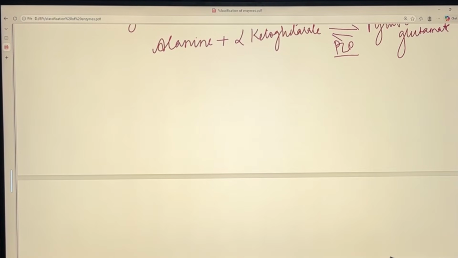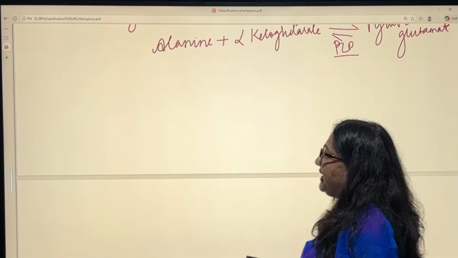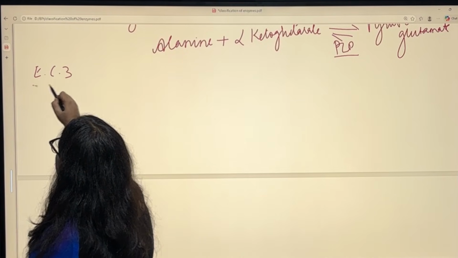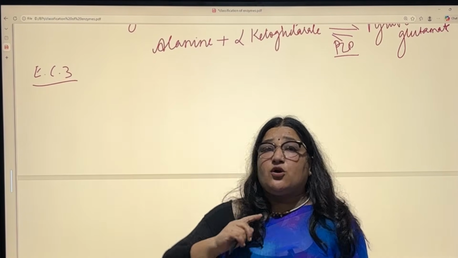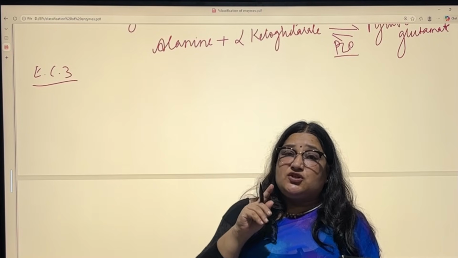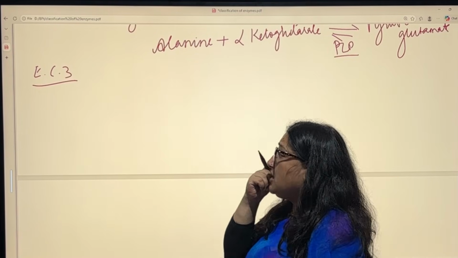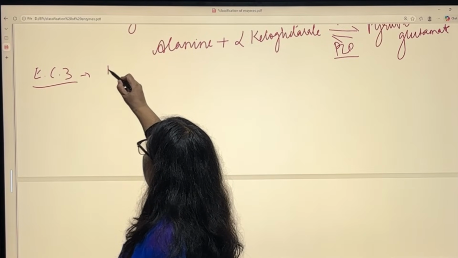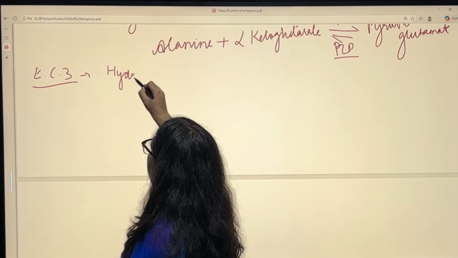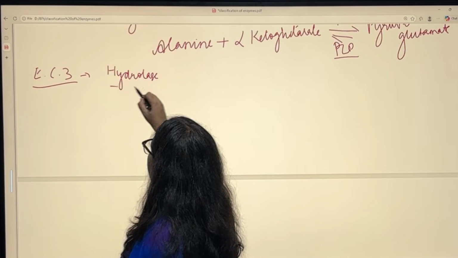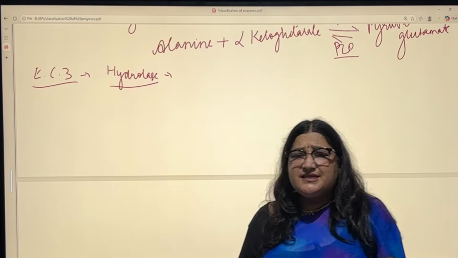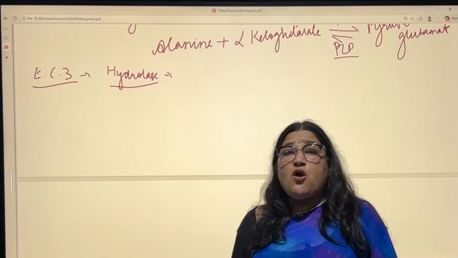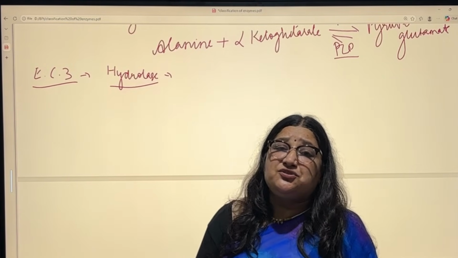Third class was the hydrolases. Enzyme commission number 3, right? We are talking about the first digit of the enzyme commission number. So enzyme commission number 3, class 3, is the hydrolase. We already know that a hydrolysis reaction is a reaction in which bonds are cleaved by addition of water.